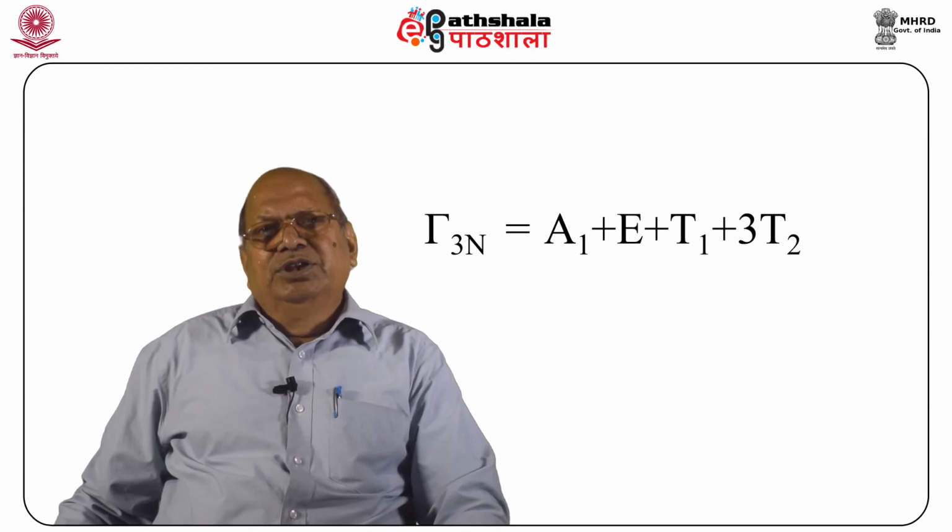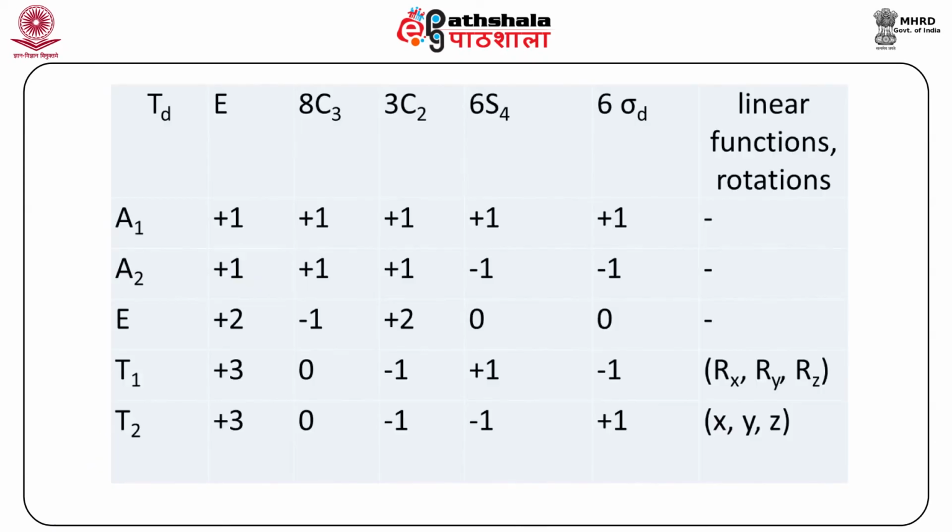Let us look at the table for the Td point group and try to look for x, y, z, Rx, Ry, Rz vectors in the last column, and also see the irreducible representations A1, A2, E, T1, T2, and try to match the two columns.